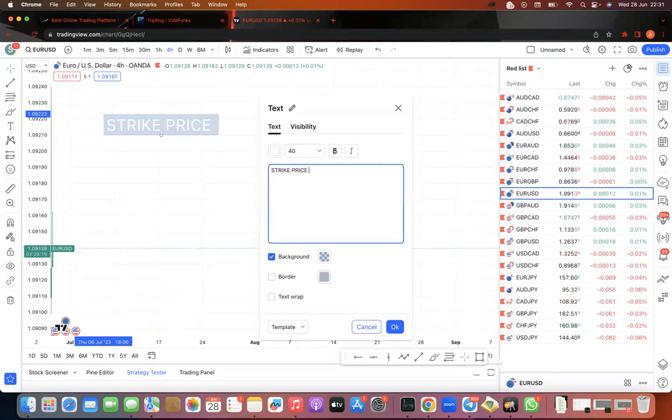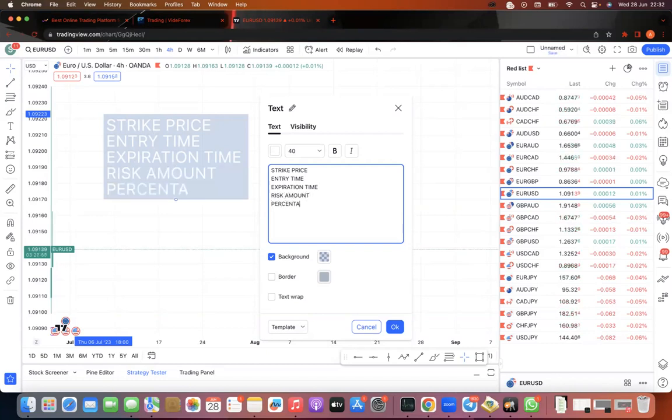Then you need to know what we call entry time. You need to know what we call expiration time. You also need to know what we call risk amount, and what we call percentage payout.